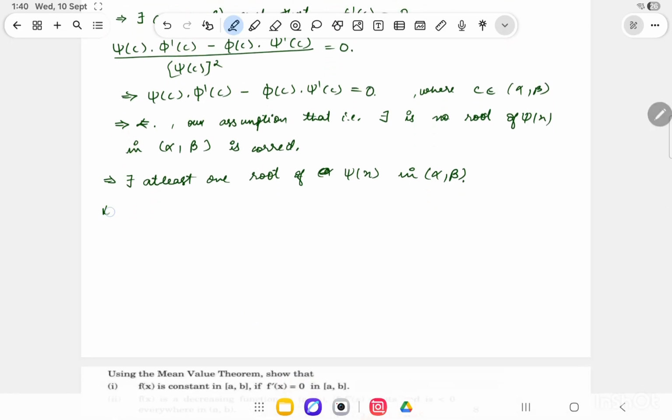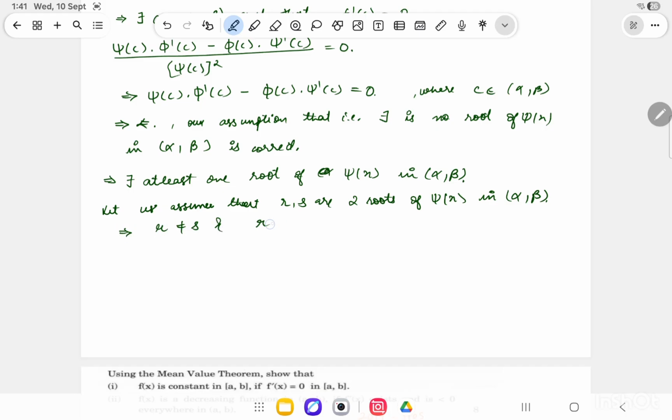Now let us assume that r comma s are two roots of psi x in alpha comma beta, and let us say that r is not equal to s and r is less than s, so we'll be getting alpha less than r, less than s, less than beta.